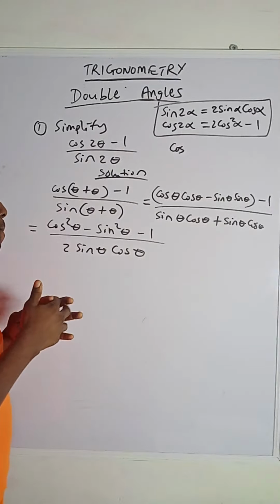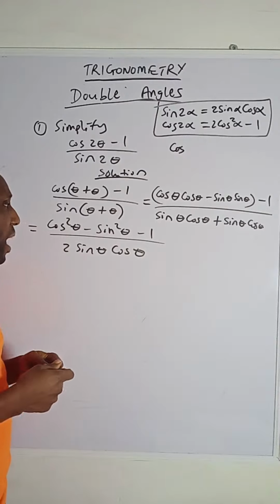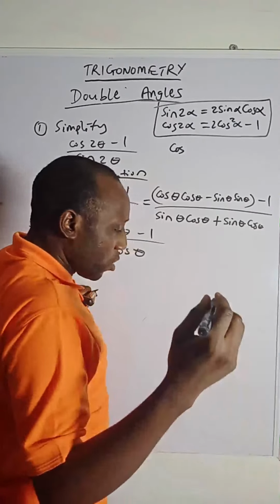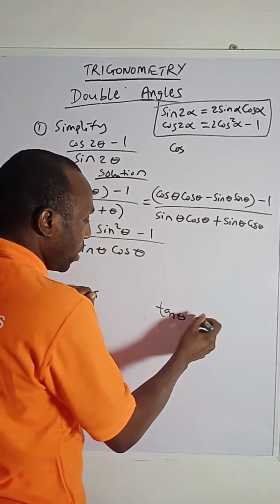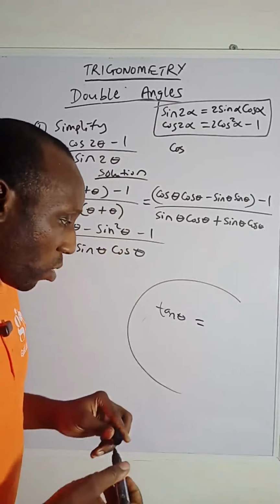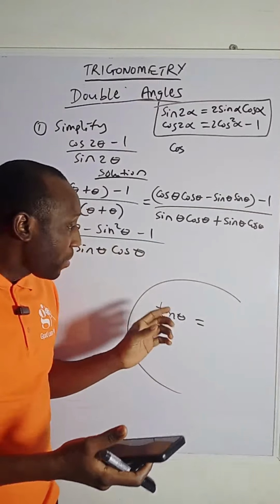You see what I have now? Watch this, everybody. I'm trying to see how this can lead us to a result. Let me even ask this question: what is tan theta? Who can tell me what tan theta is in terms of sine theta and cos theta? If you know it, please say it.